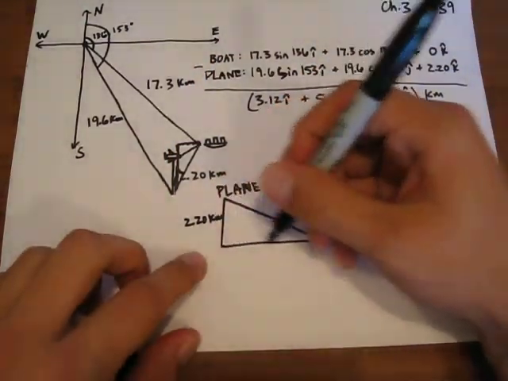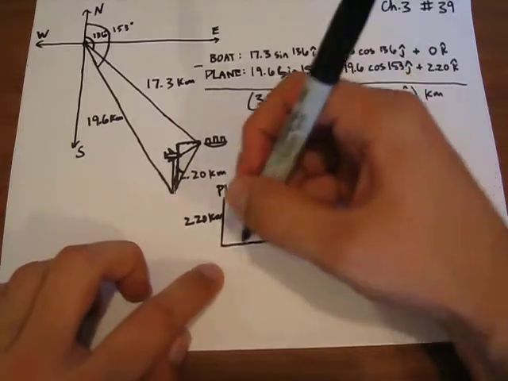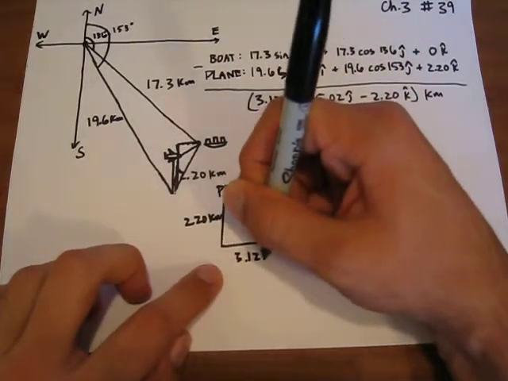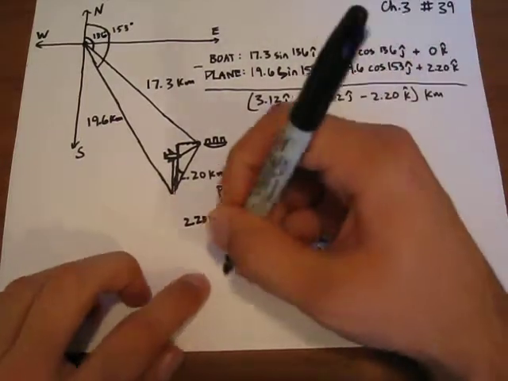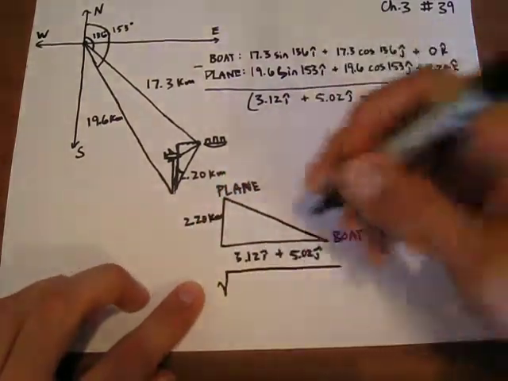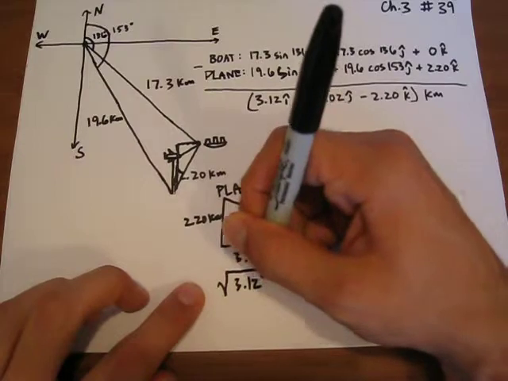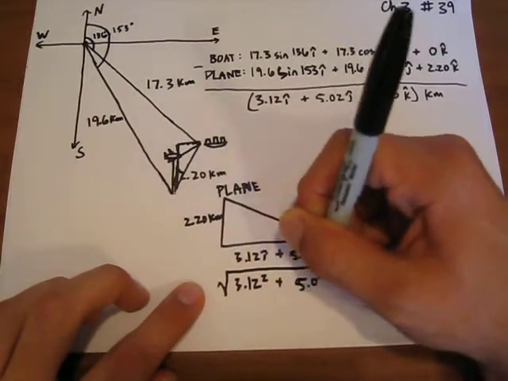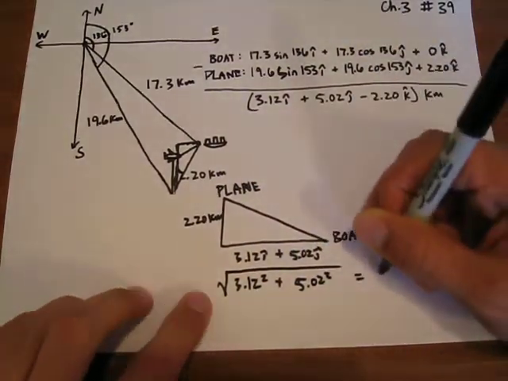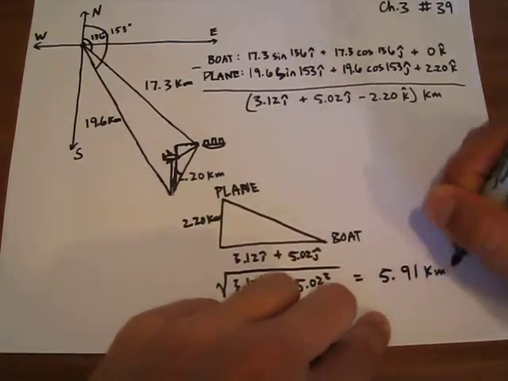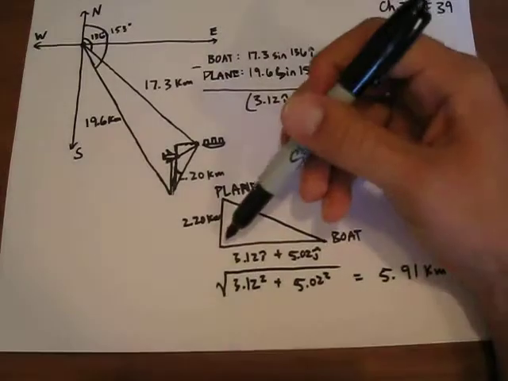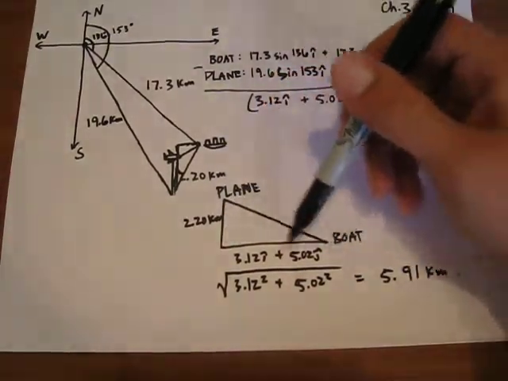And the magnitude of the i-hat and the j-hat is 3.12 i-hat plus 5.02 in the j-hat. To find the magnitude of that, you do 3.12 squared plus 5.02 squared, and that equals 5.91 kilometers.